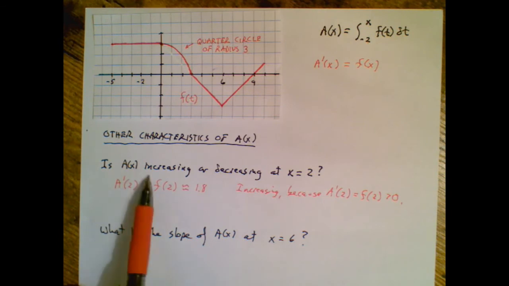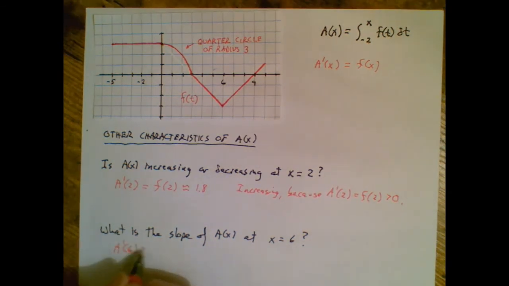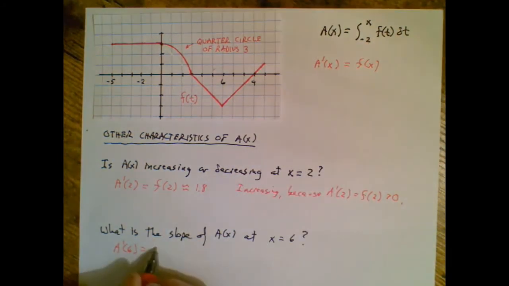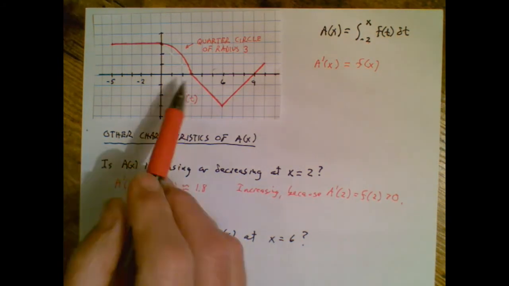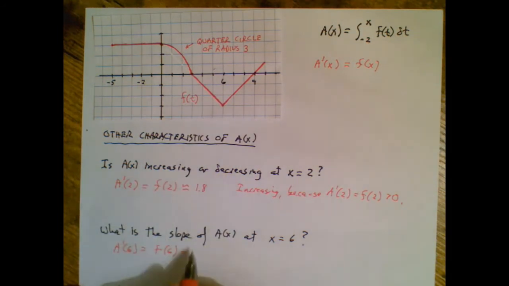All right, so now this next question, what is the slope of a of x at x equals 6? It's very similar to that one. So that means I want to know what is a prime of 6, but a prime of x is f of x. So that says a prime of 6 is really f of 6. And at x equals 6, f has a value of negative 3. So my slope is negative 3.